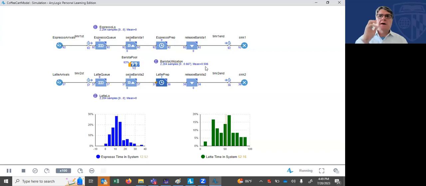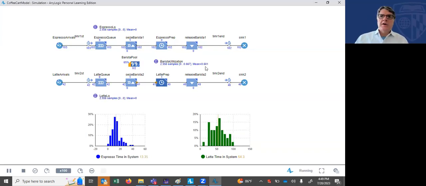Is this exact? No, because I've used truncated normal distributions to approximate those inter-arrival and service distributions. So there isn't an absolute final answer here, because you have to do some sort of approximation for those distributions. You can see that the average time in the system for an espresso customer is very short, in the ballpark of about 14 seconds.